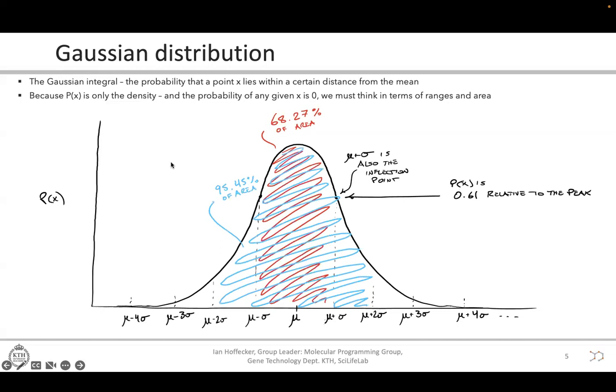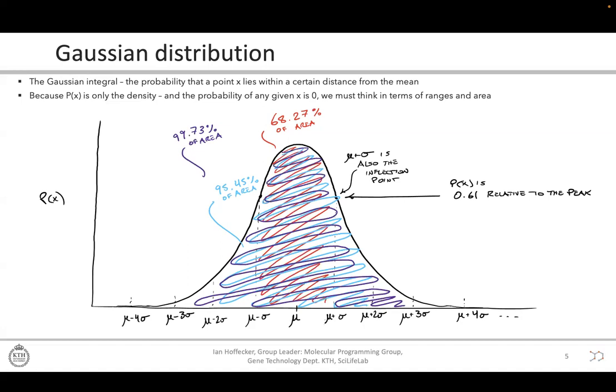If we go out a bit more, so if we go out to 2 standard deviations, so -2 to the left and +2 to the right, then this is going to correspond to 95.45% of the area under the curve. Or in other words, this is a 95.45% probability that a point lies within 2 standard deviations of the mean.